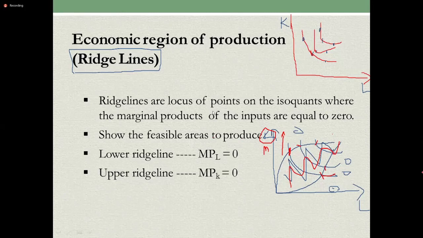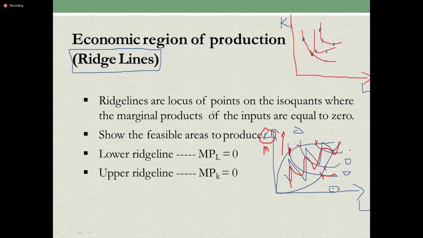Right, Lamai? That is the same meaning as ridge lines. So ridge lines are the locus of points on the isoquants where the marginal products of inputs are equal to 0. Right? It shows the feasible areas to produce. Like I explained, it is the feasible area to produce.